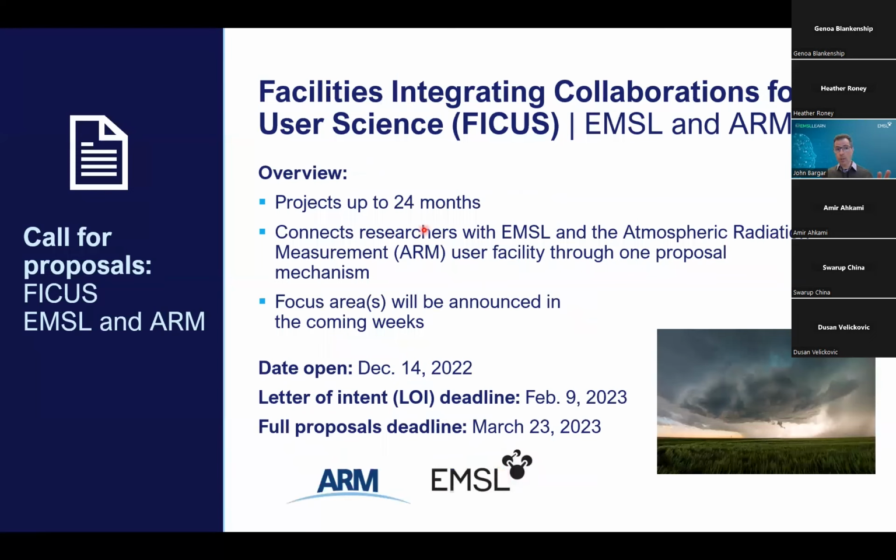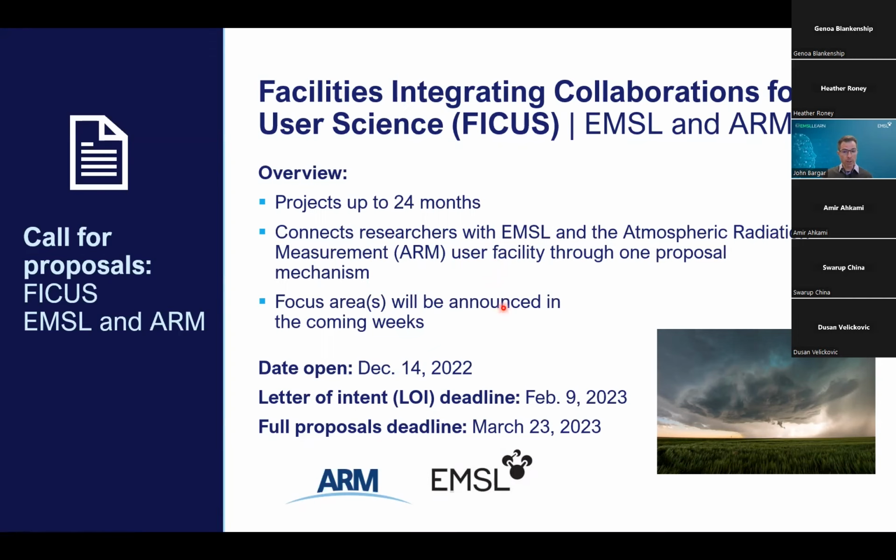All right, so the third of the 4 proposal types is another collaboration, in this case, another FICUS, specifically to have joint access to capabilities at EMSL and at the Atmospheric Radiation Measurement Laboratory. Again, funded for 2 years, it connects researchers with molecular characterization capabilities here at EMSL and sample collection capabilities at one of the ARM mobile sites deployed around the US, as well as science capabilities.